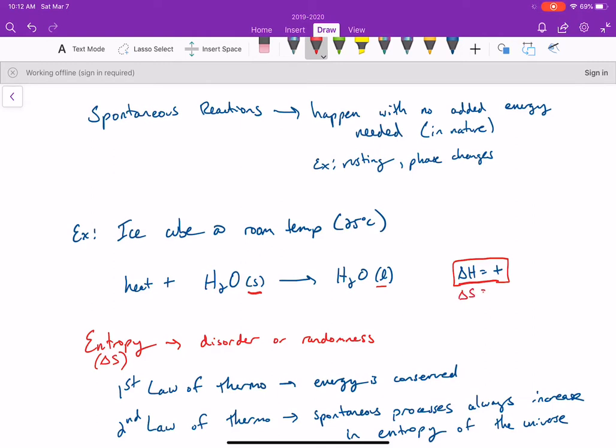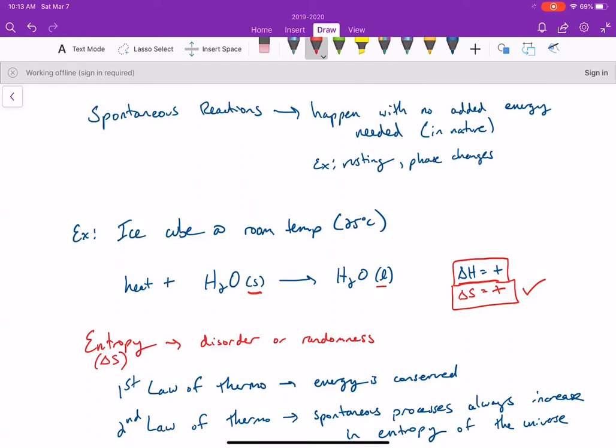Delta S is also positive, okay? So the reason the ice cube melts is because even though it's endothermic, it is very positive in terms of delta S. So the fact that the entropy is increasing is outweighing the amount of energy it's taking, or the amount of heat it's taking to get this thing to actually melt.